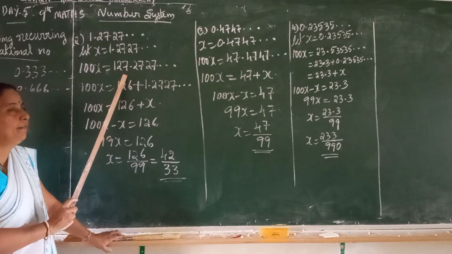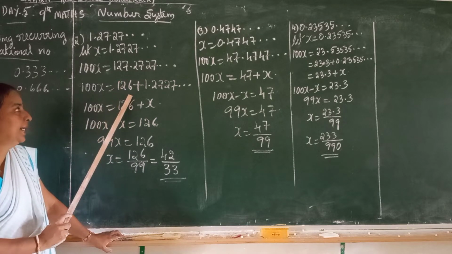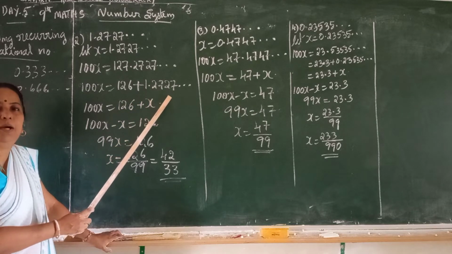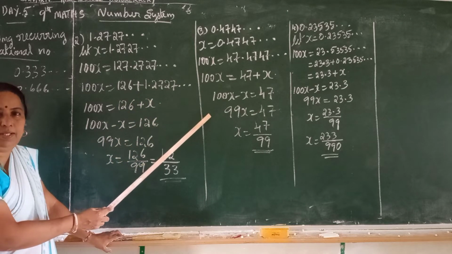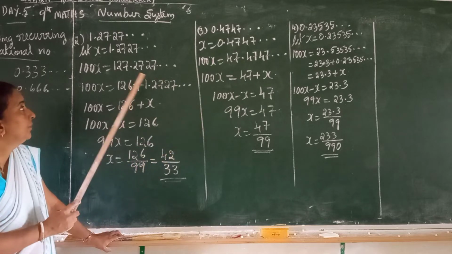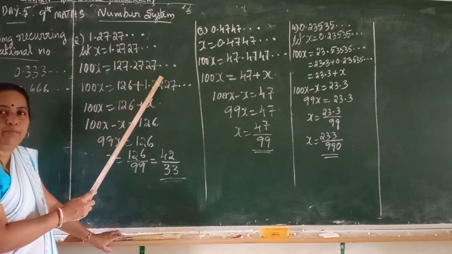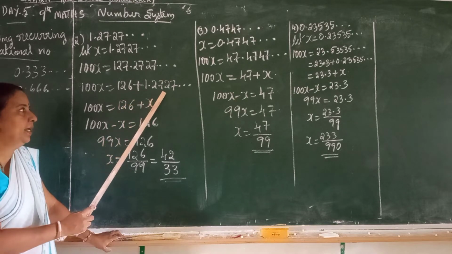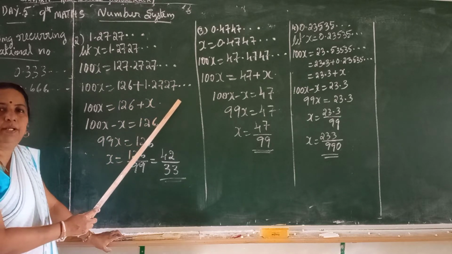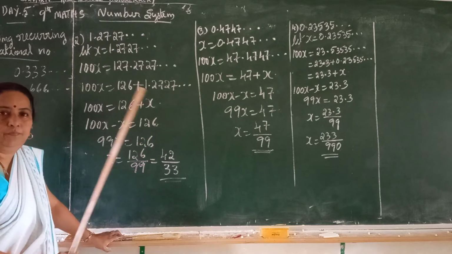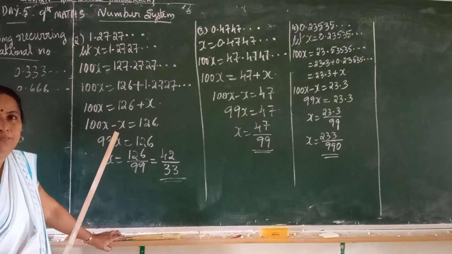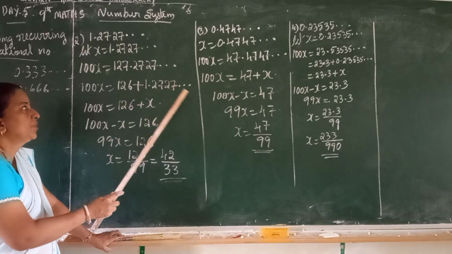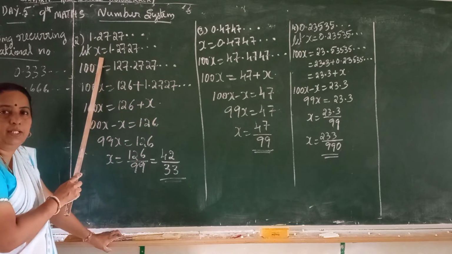127.2727 can be written as 126 plus 1.272727 and so on. 1.2727 and so on is equal to how much? x.